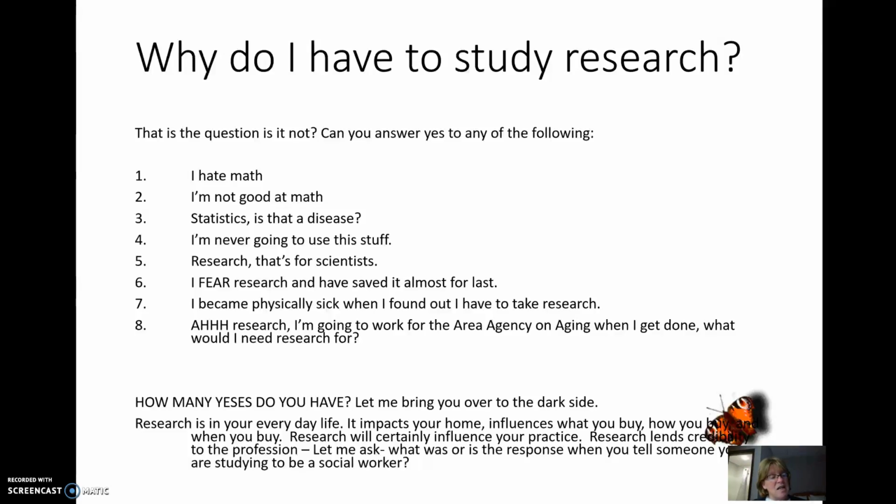Researchers tended to be from academia, meaning colleges or universities, who were said to be out of touch with reality, and social workers were thought to have a lack of interest in research, even when the research disagreed with what they knew was true, believing that research had no place in real-life situations due to its abstract nature. So basically, researchers didn't think that social work practitioners took research seriously.